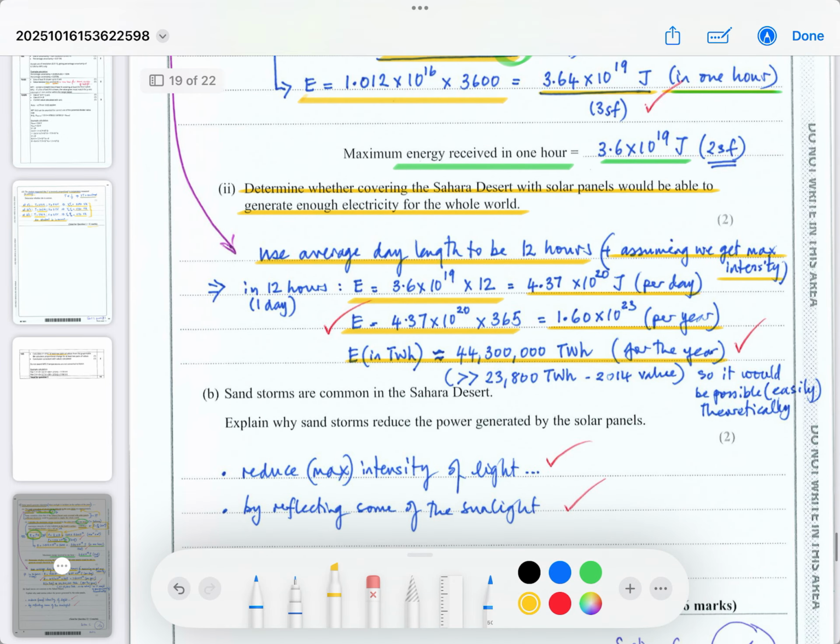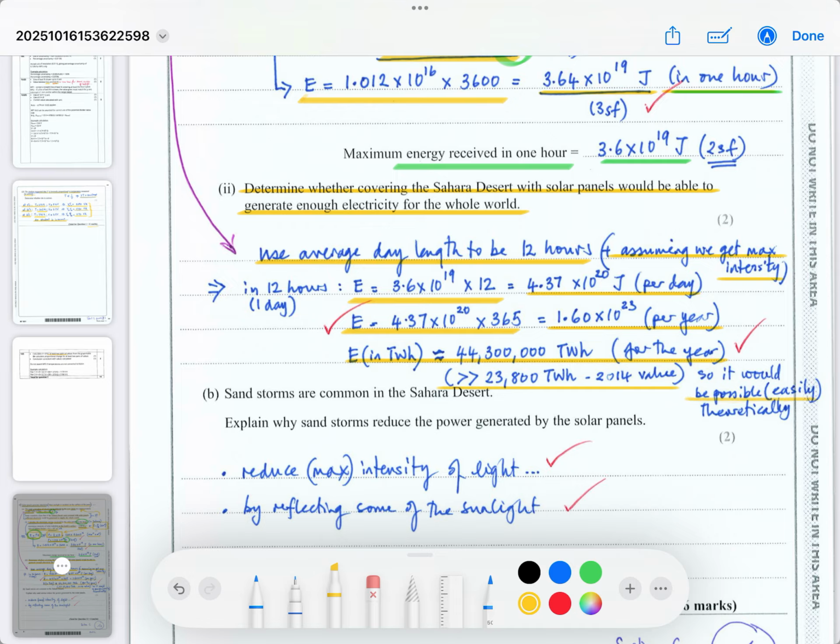Dividing it by the value, you can see it's much greater than the 23,800 terawatt hours. So it would easily be possible theoretically.